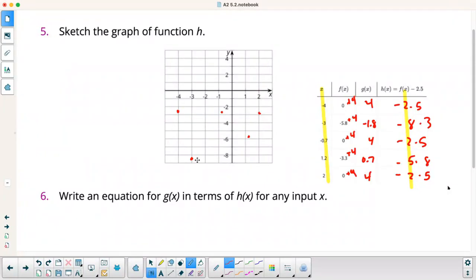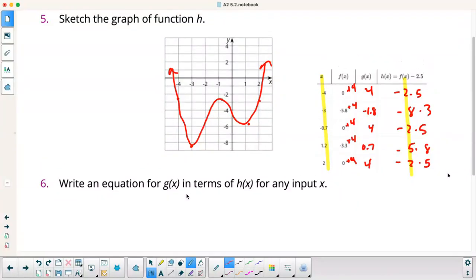All right, so I got enough points. I'm going to connect the dots. Always go from left to right. So it's going to be something like that. Okay, put your arrows on it. There it is.